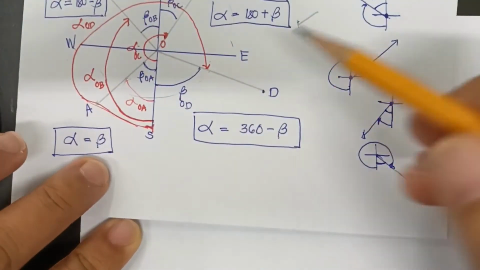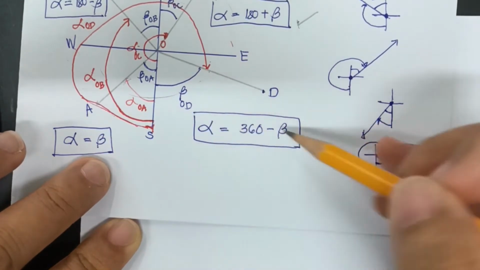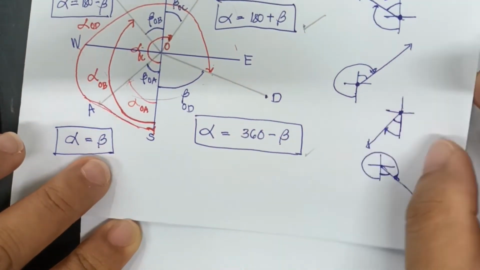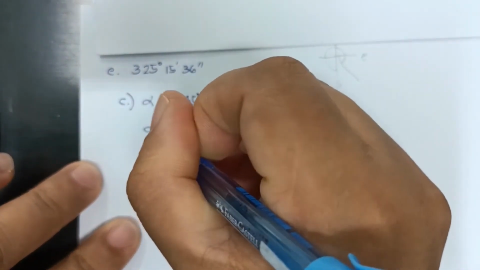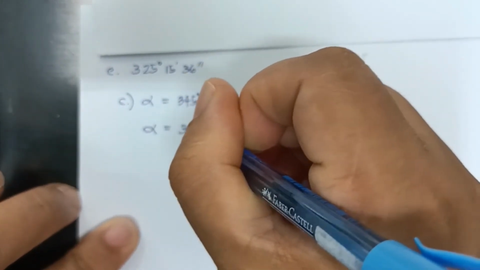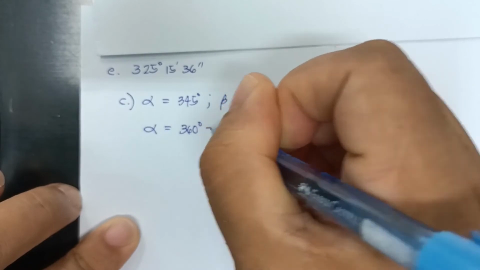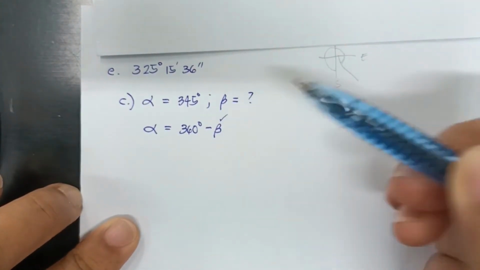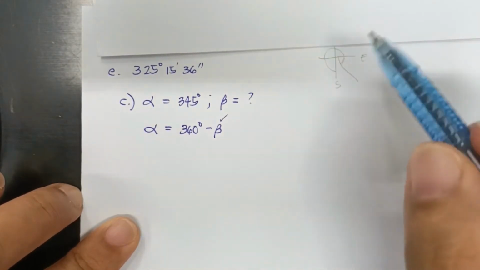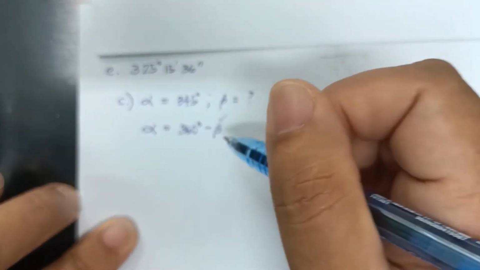We have to refer to this relationship wherein alpha is equal to 360 degrees minus beta. We are asked to solve for beta, so we have to manipulate that one.